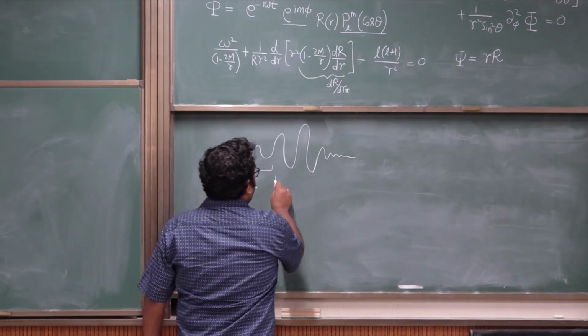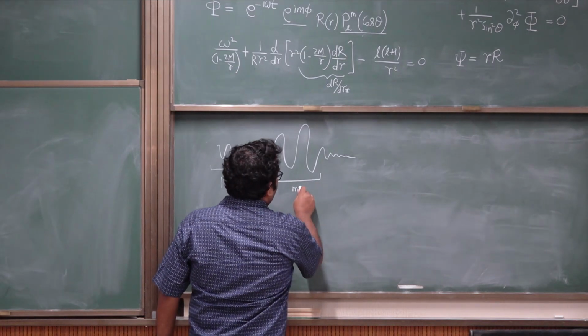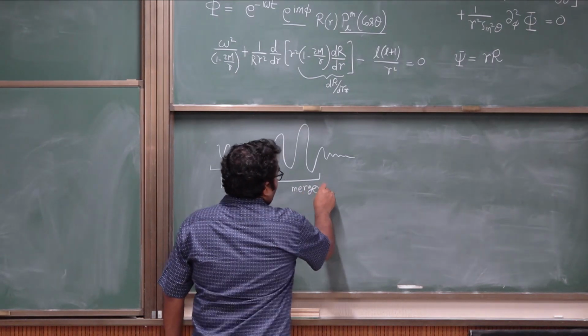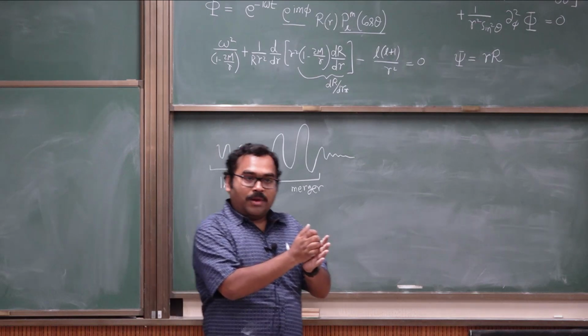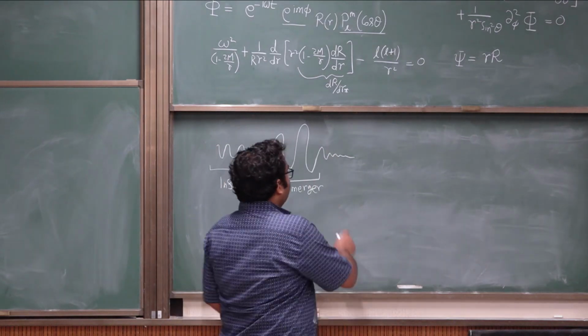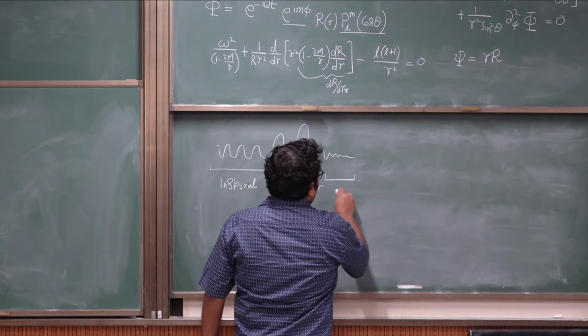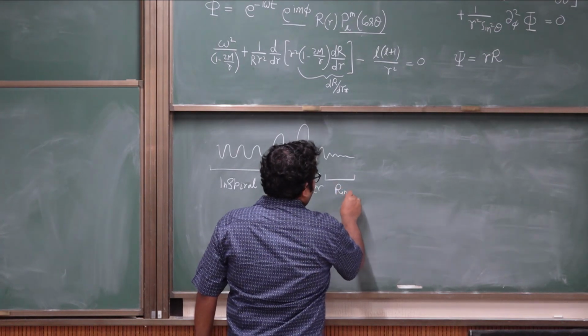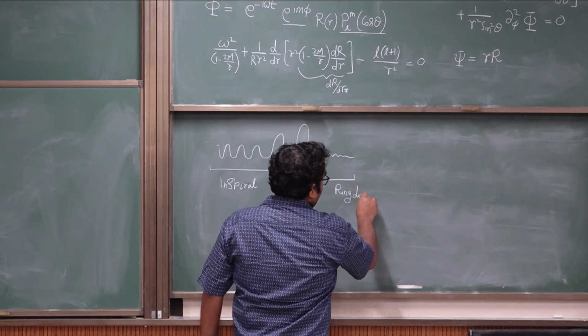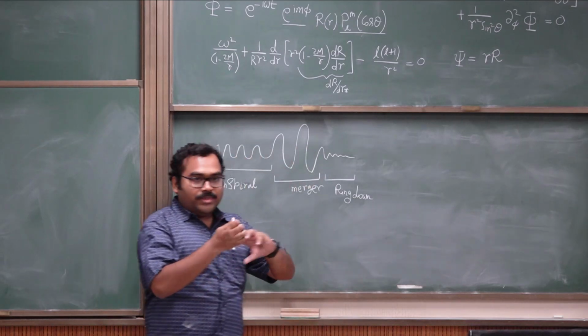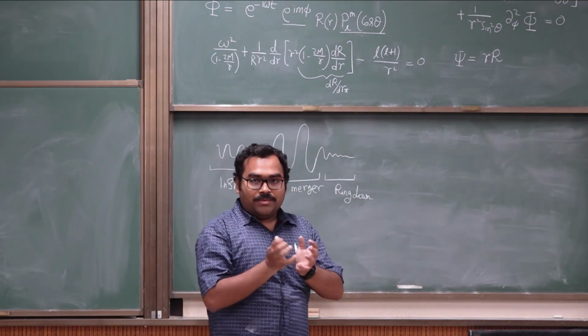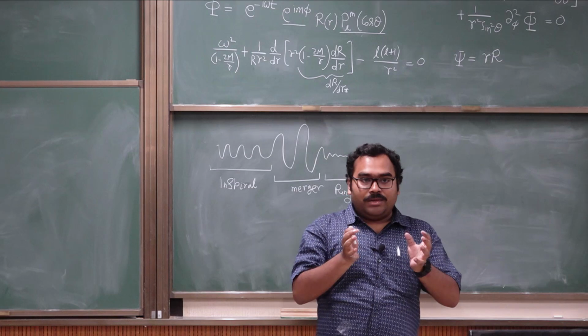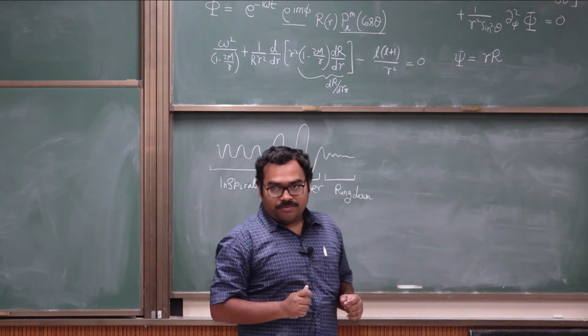This is the region which is called the merger, where these two black holes just merge. And finally, this region is what you call the ringdown region. This is where you have a single black hole which is perturbed and it emits these QNMs and comes down to a stable configuration.